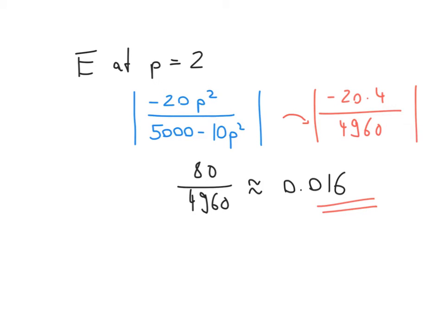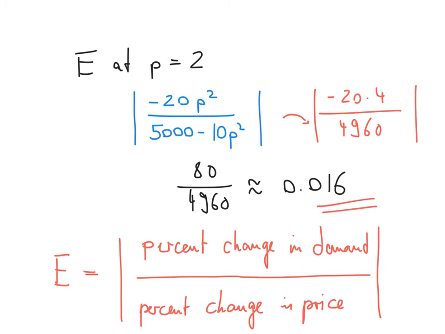Okay, now the question is, how do we interpret this number? This is just a number, but what does it actually mean? For the interpretation, let's recall how we set out to define elasticity. It was measuring percent change in demand, relative change in demand, compared to relative change in price.